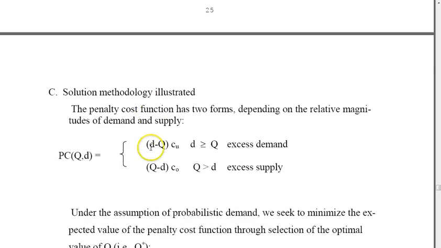So the solution methodology: first we look at the penalty cost function. It has two forms, one when we have excess demand, one when we have excess supply.